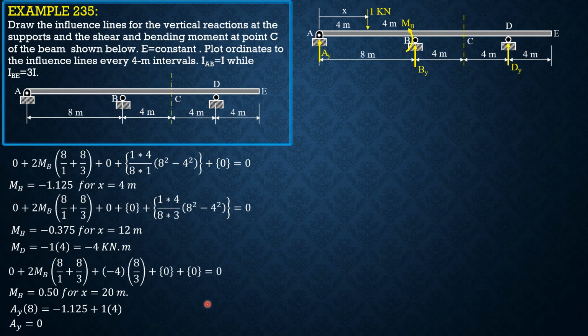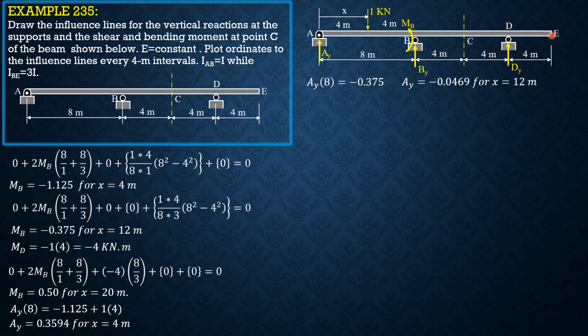So AY is equal to 0.3594 for x equals 4. Then when x is 12, because when x is 8, AY would be 0. So when x is 12, then there's no unit load here, it's here. So AY times 8 equals MB, and MB when x is 12 is negative 0.375. So AY equals negative 0.0469 for x equals 12 in particular when the unit load is here.